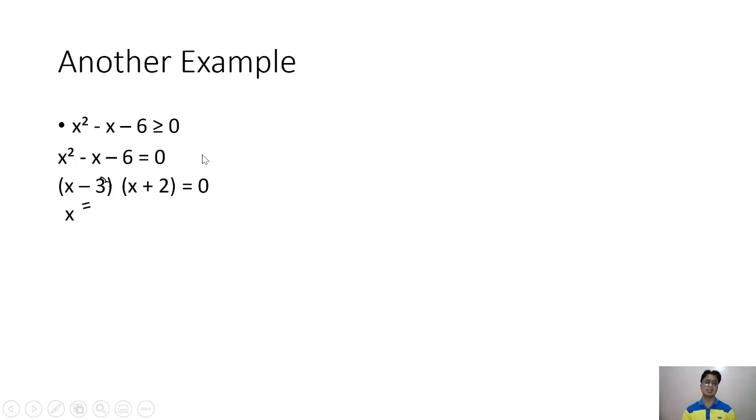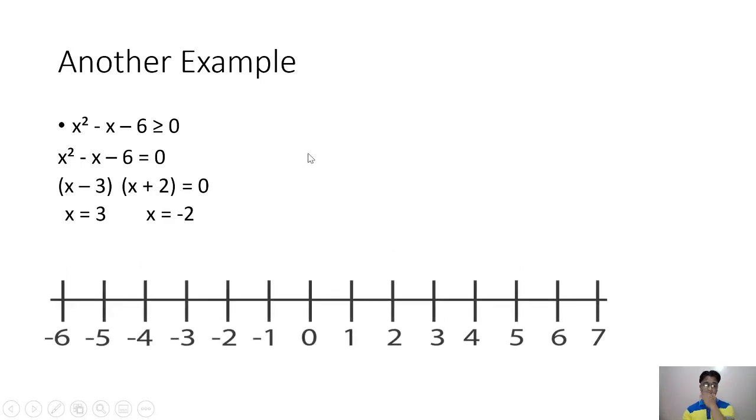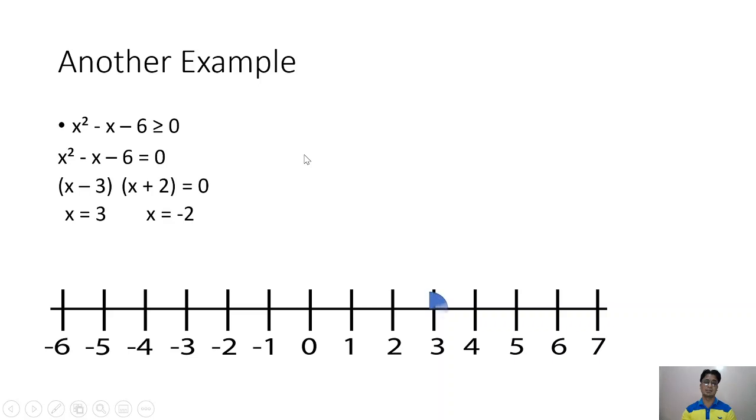Equate natin siya sa 0. So, x is equal to 3. Sa kabila, x equals negative 2. Pag may nakuha na tayong value, the roots, which serves as the critical point, we will graph it. Ito yung 3, ito yung negative 2.